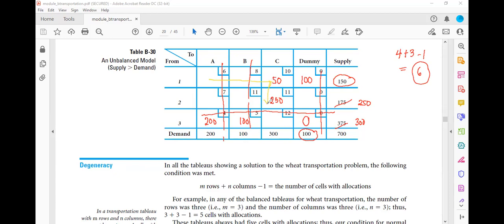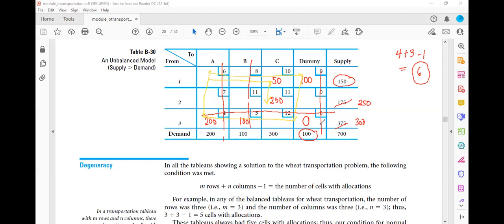Tapos vertical ka dyan. Tapos wala na, stuck ka na. Kasi wala nang laman to. Diba? So hindi ka makaka-trace ng close path. But with the 0 here, meron na. Kasi pupunta ka dito, bababa ka dyan, punta ka dito, and tataas ka doon. Because you are now treating 3D as a cell with content.